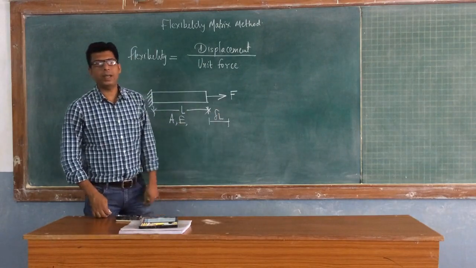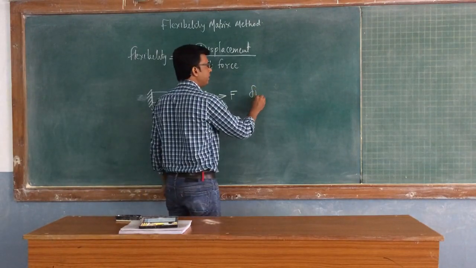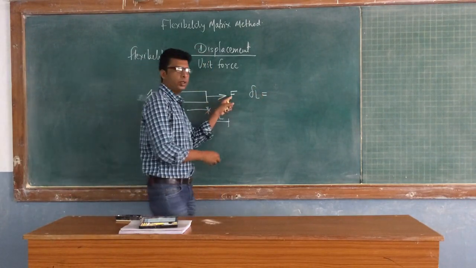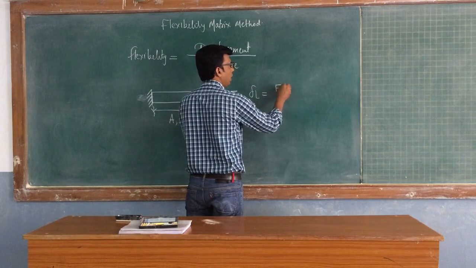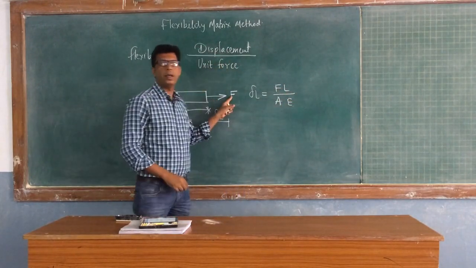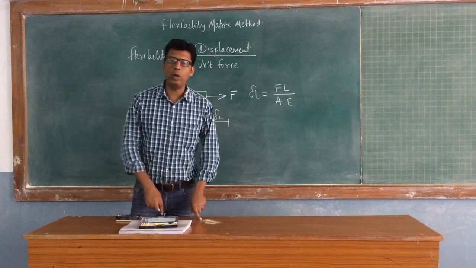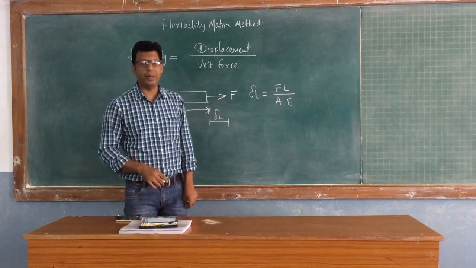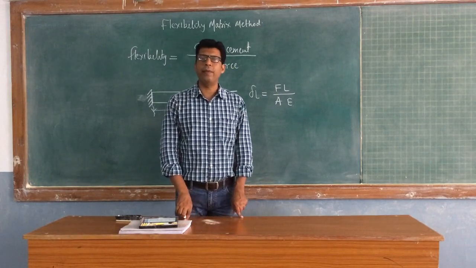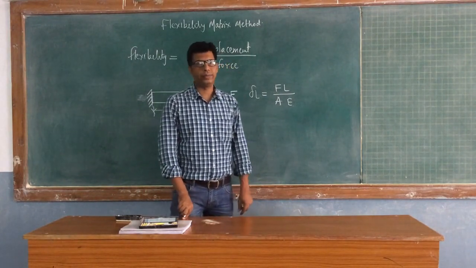How to calculate this elongation? Delta L is equal to force times length upon A E. It is a well-known formula we studied in strength of materials: delta L is equal to FL upon AE.